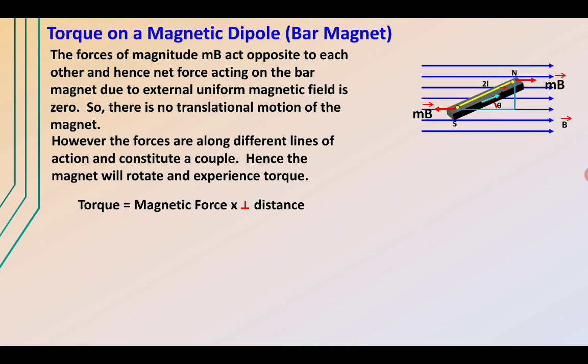and experience a torque, and that torque is given by the magnetic force at any pole and the perpendicular distance. Now the torque tau is given as m into B, that is the magnetic force, and the perpendicular distance, from this right angle triangle, is 2L sine theta.